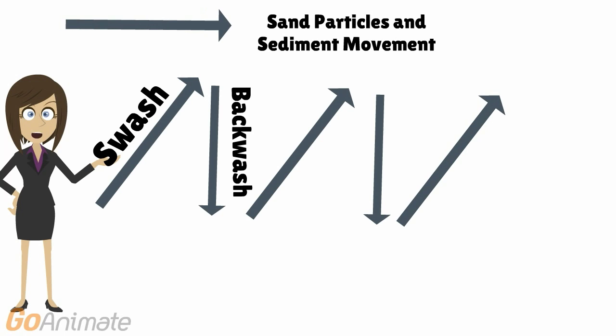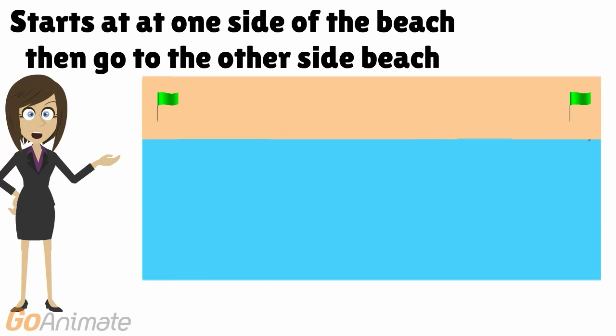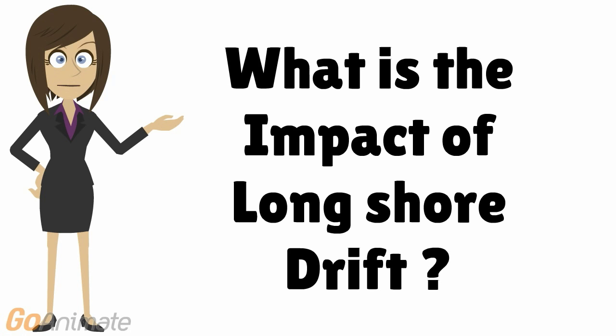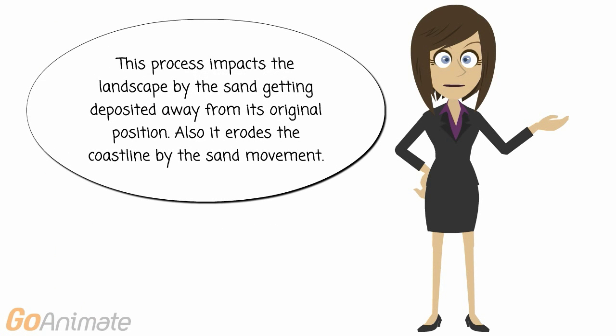This action keeps on going. In the end, the sand particles and sediment will go from one side of the beach to the other side of the beach. What is the impact of longshore drift? This process impacts the landscape by the sand getting deposited away from its original position.